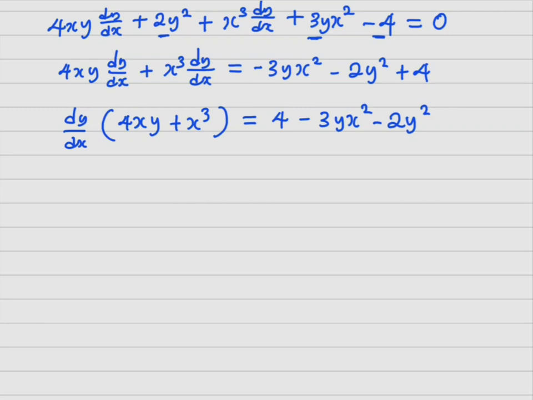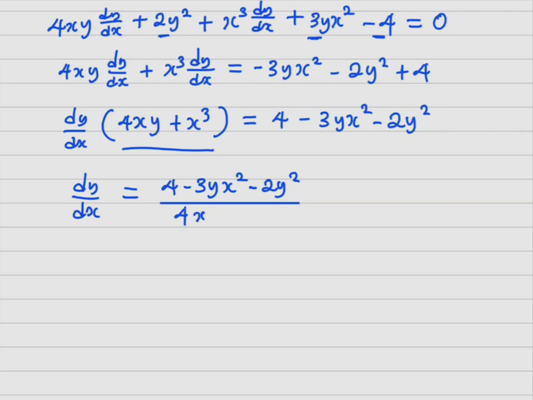Now, for me to actually have my dy by dx, I'm going to take this out by dividing through by it. So dy by dx is equal to 4 minus 3yx squared minus 2y squared, all over 4xy plus x cubed. Now this is our answer.